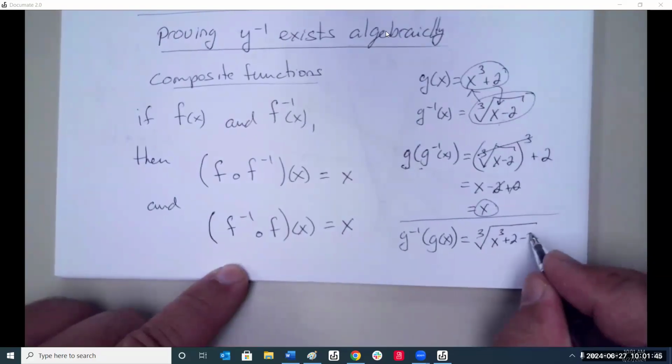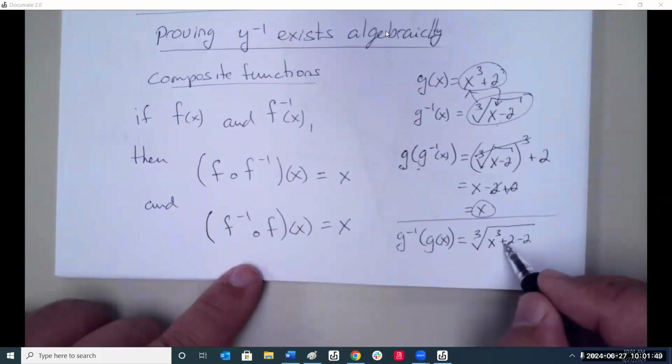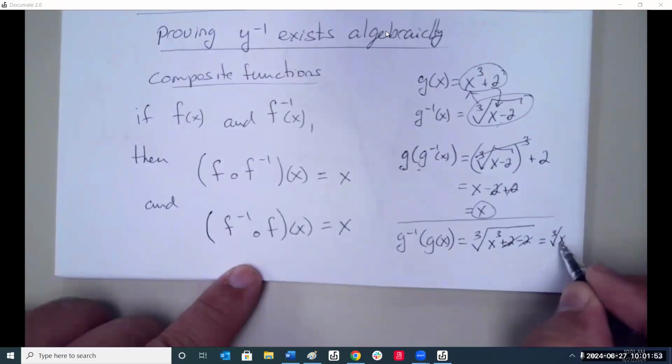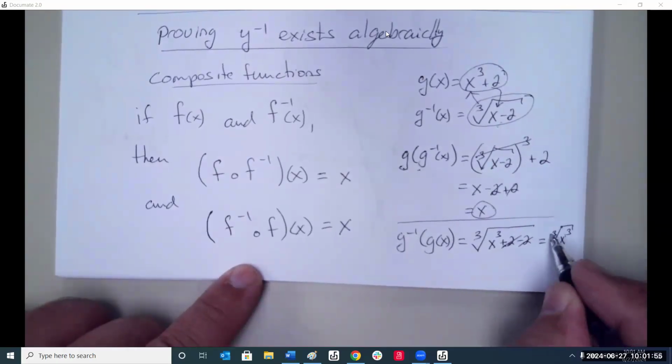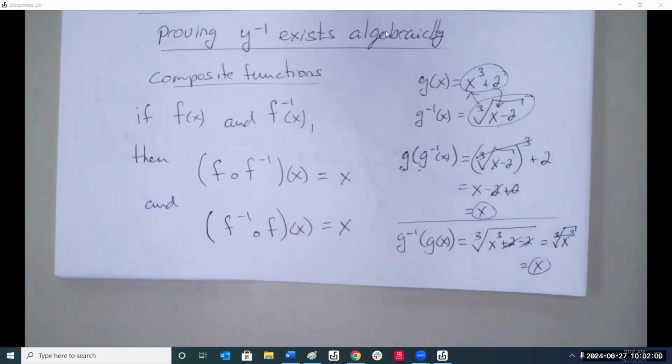Inside there, it's minus 2. The 2's cancel, so we're left with cube root of x cubed equals x. So those are inverses. We don't have to draw the graph. We just do this algebraically, with the composite functions.